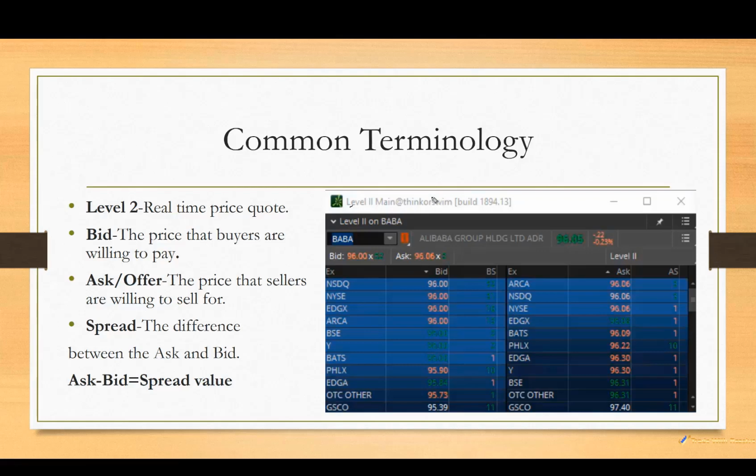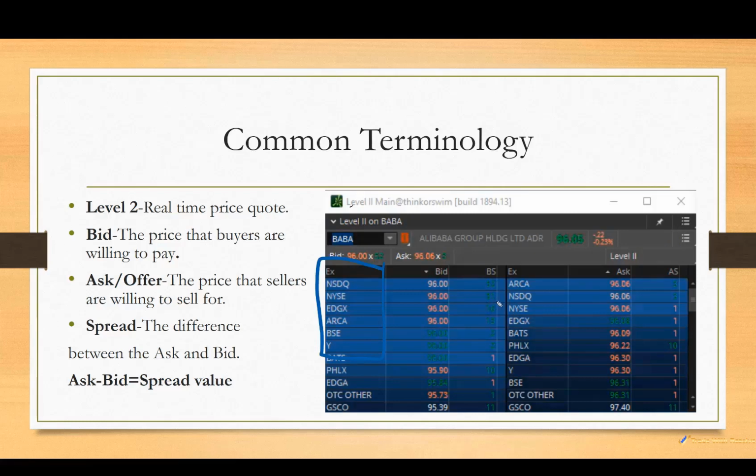It also tells us the different exchanges, which is right here on the far left-hand side. So you have the NASDAQ, NSDQ, you have the New York Stock Exchange, NYSE, and a few other exchanges. And then you have your bid size and your ask size. So this shows you the number of shares that people are wanting to buy.